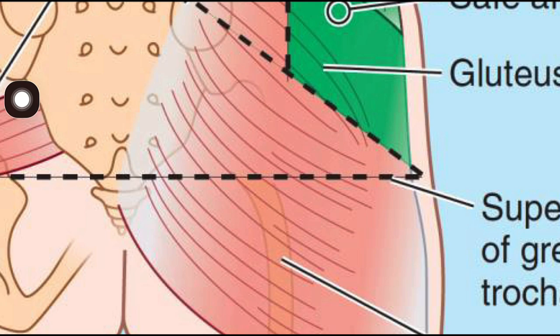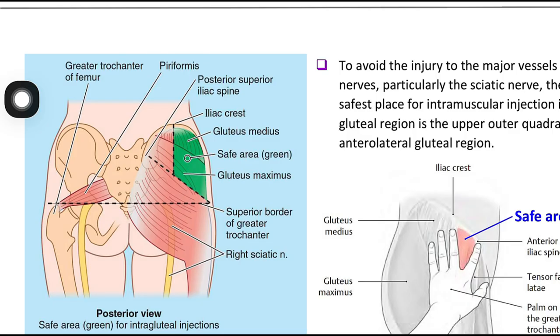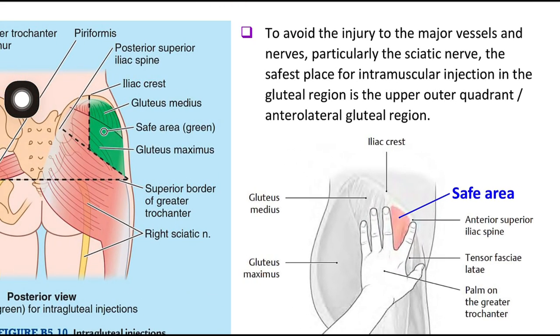But if you are very slim and have very thin muscles, particularly bedridden patients with poor circulation whose muscles become smaller in size, if you inject here, you will damage the sciatic nerve. So to avoid injury to the major vessels and the nerve, particularly the sciatic nerve, the safest place for intramuscular injection is to find these safe regions.